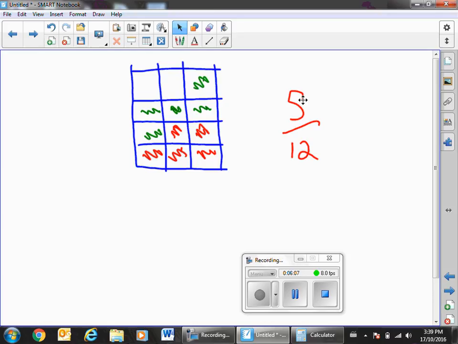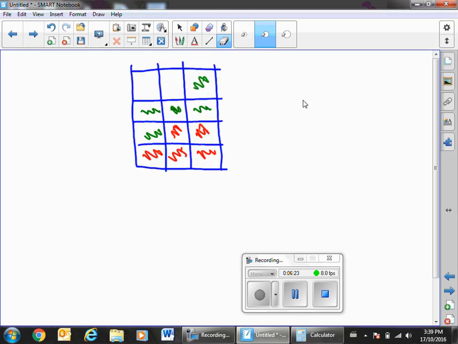The way that we would do that is because both of them are getting the exact same amount, we can just take this and multiply it by 2. Let's do that again so we can see a clearer picture.